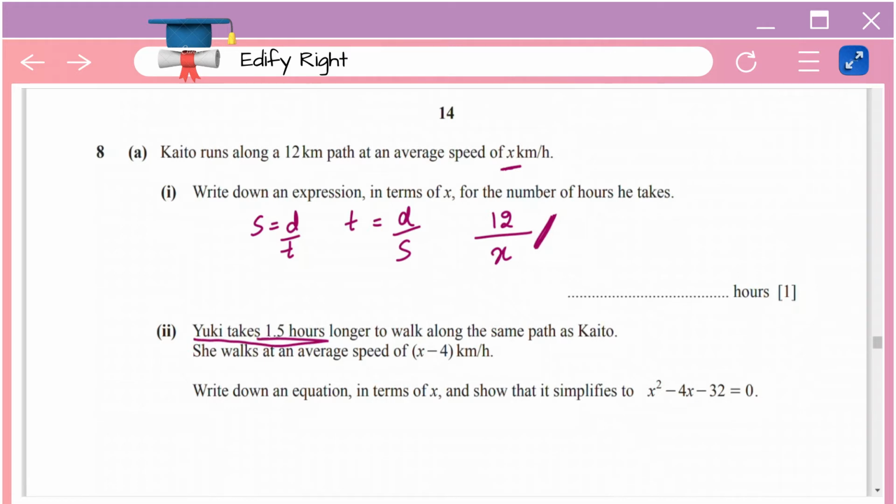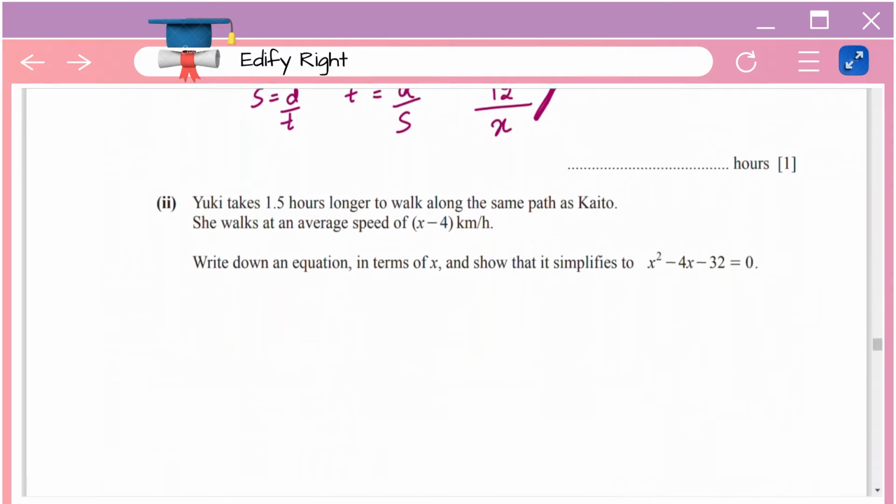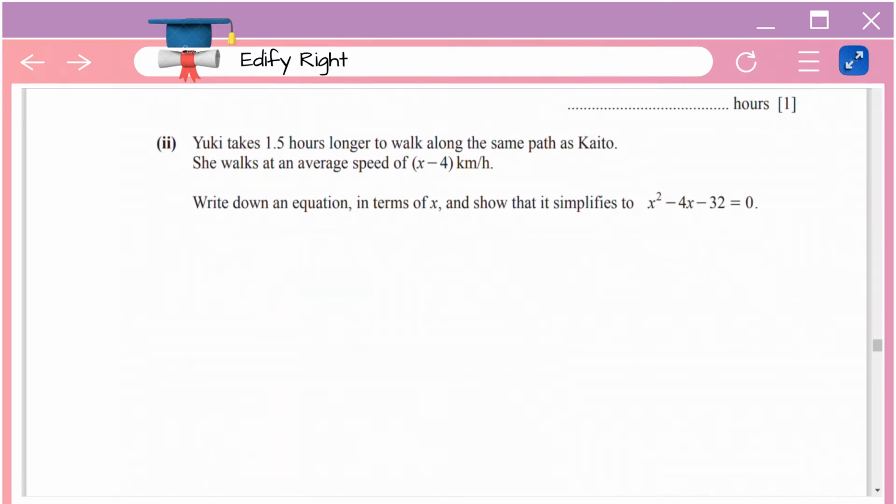Next, Yuki takes 1.5 hours longer to walk along the same path as Kaito. She walks at an average speed of x minus 4 km per hour. Write down an equation in terms of x and show that it simplifies to x square minus 4x minus 32 equal to 0. So let's do that over here. Let's write the expression first.